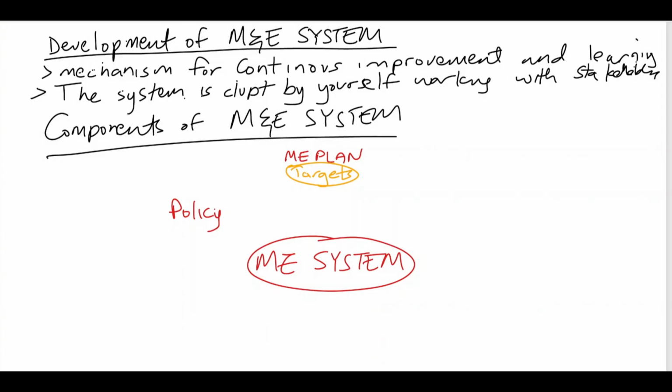Then another part is the guidelines. Now you might be asking yourself, these guidelines and the policy, what's the difference? So the policy is the law, but the guidelines is the how. How is it done? So take, for example, you want to do an evaluation as an organization.